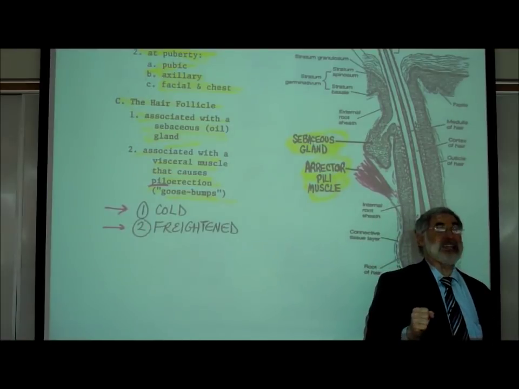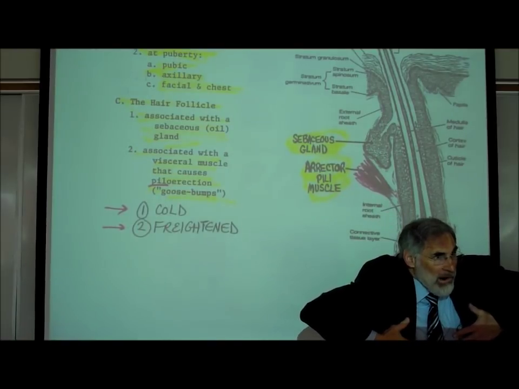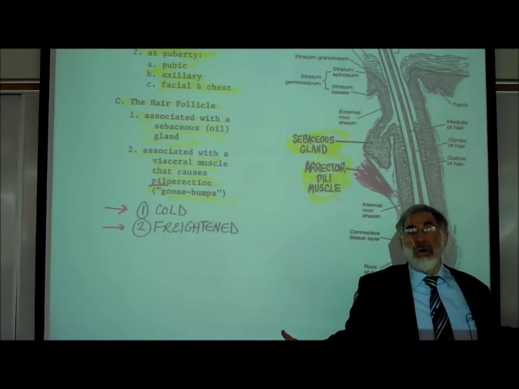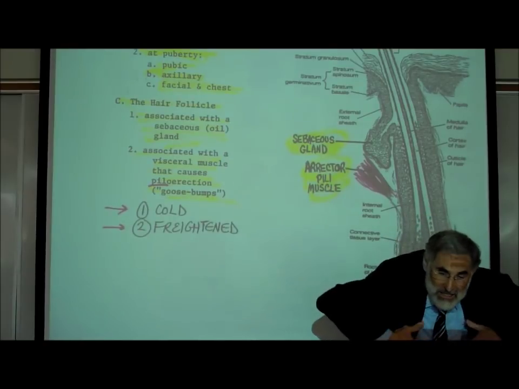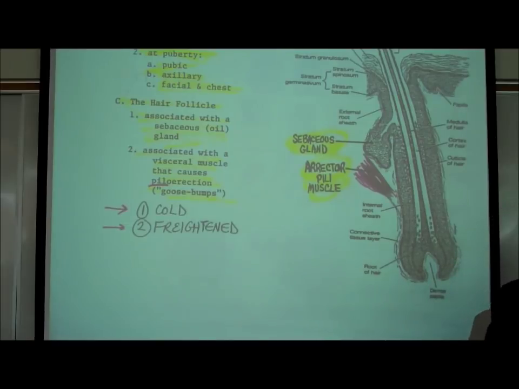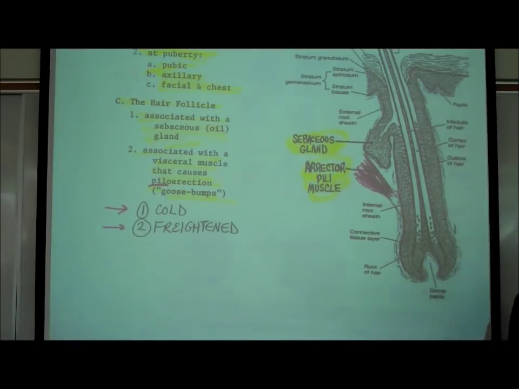When a cat is cold, it puts its fur out more to trap more heat. So the idea is that when an animal is cold and it has hair, fur, it sticks it out to trap more heat better. And that's what all animals with hair do. Now, we just don't have enough hair to really accomplish that.